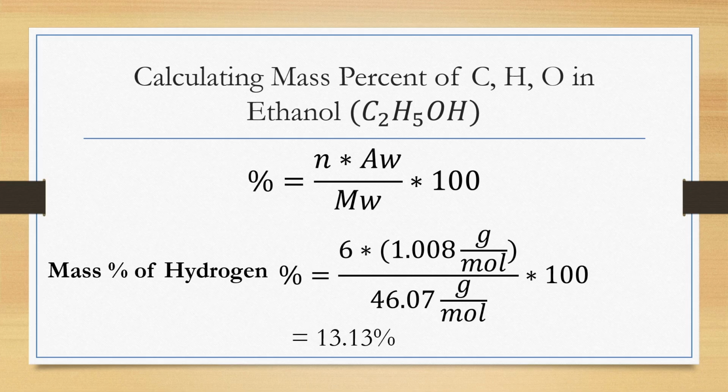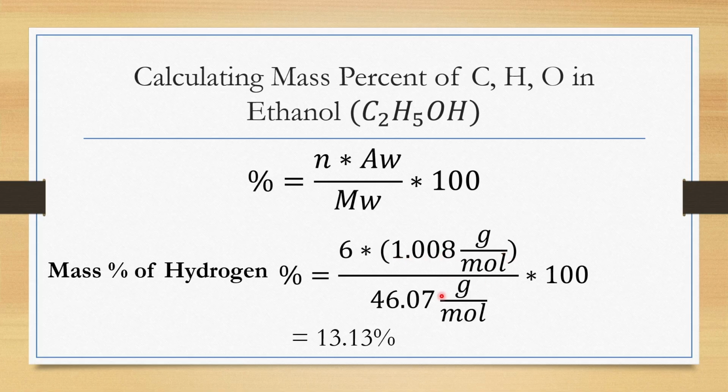In this slide, we will find the mass percent of hydrogen. So using our base formula here, we have 6 hydrogens because we have 5 here, and then the subscript here is 1, so we have 6 total hydrogens. And as we found on the first slide, the atomic weight of hydrogen is 1.008 grams per mole.